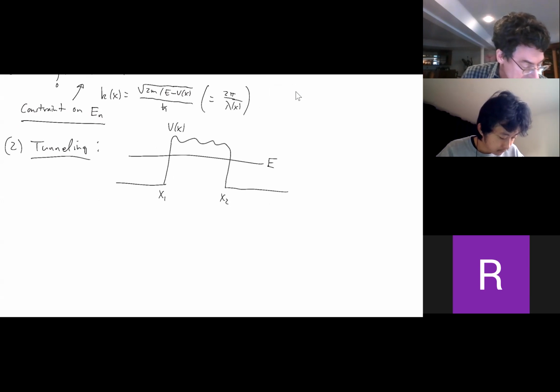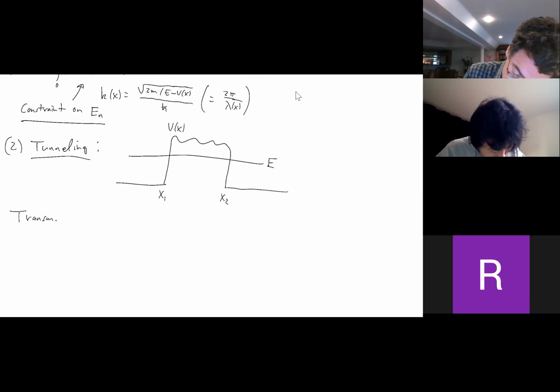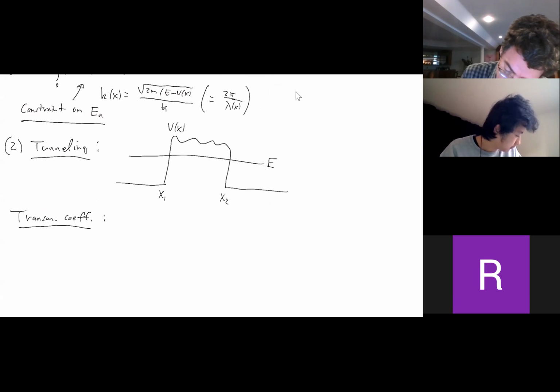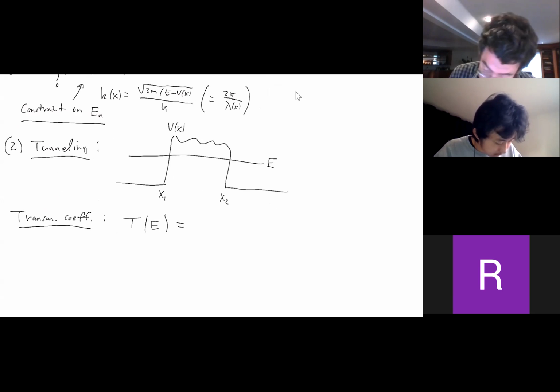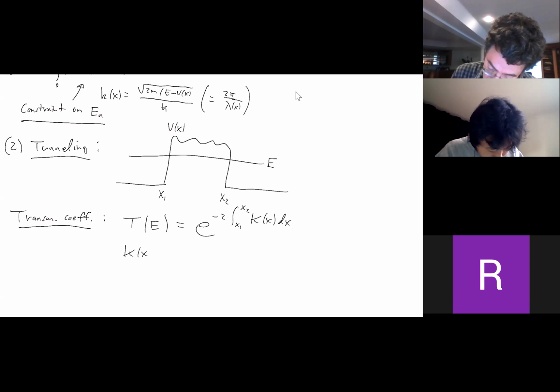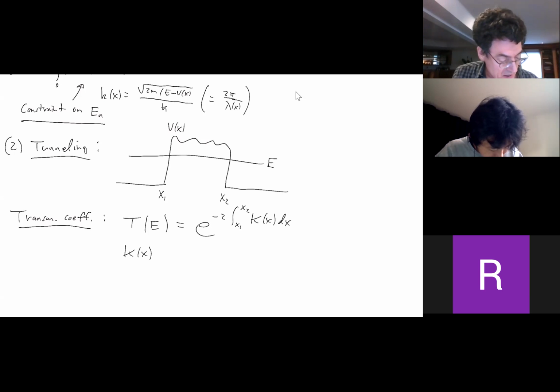For this kind of situation, we see that the transmission coefficient T of E is equal to e to the negative 2 times the integral from x1 to x2 of kappa of x dx, where kappa of x is the decay constant.